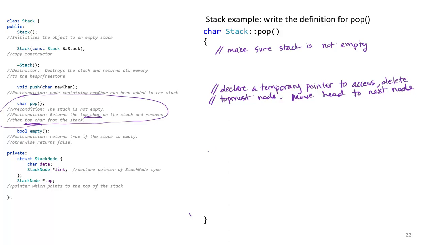And then finally, we return the value stored in the topmost node to the screen. Or in this case, we return the value stored in the topmost node as the function's return type.